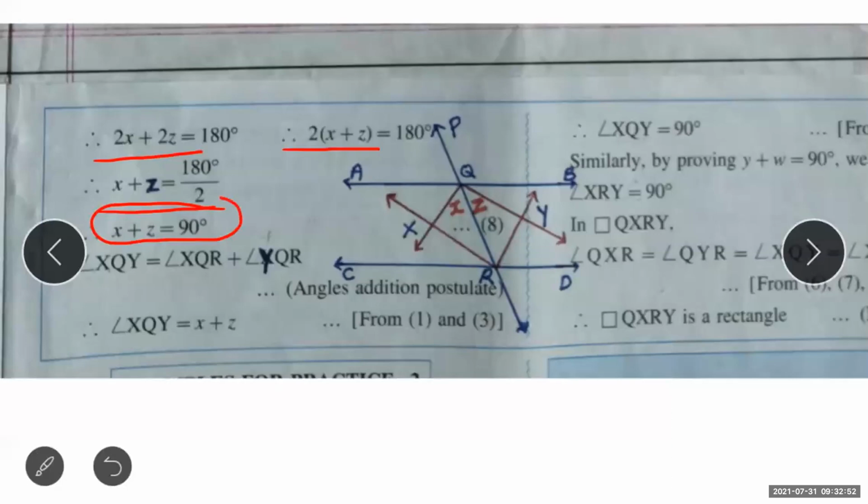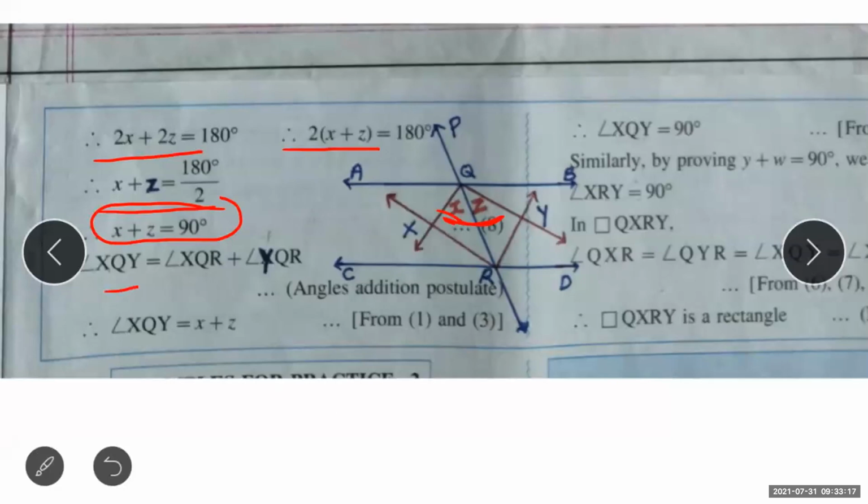that is 90 degree. x plus z is 90 degree, means this angle, see in the diagram, we got 90 degree. Okay, now second, they put the name of the angle. Angle x is, okay, what is x? That angle XQY.